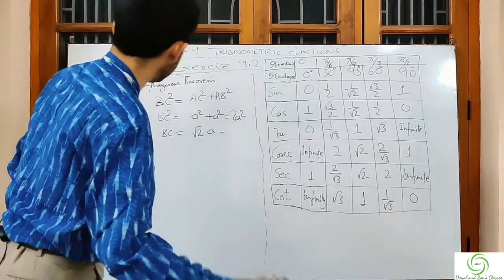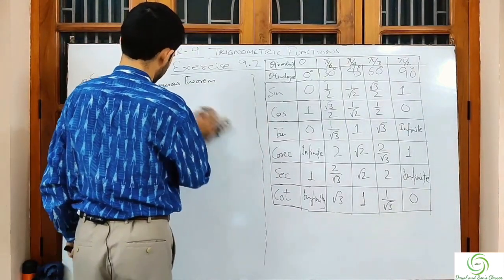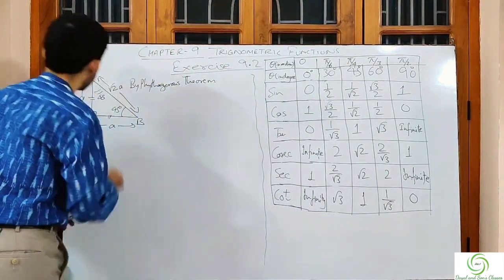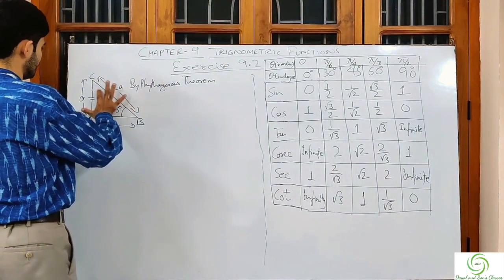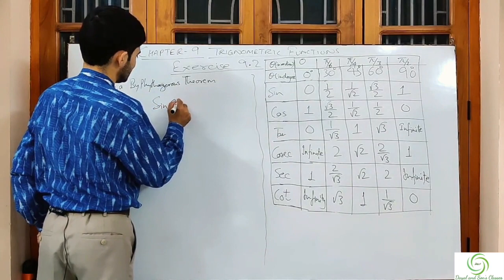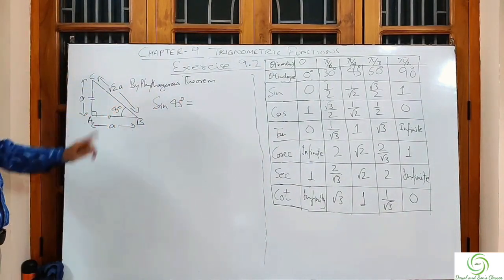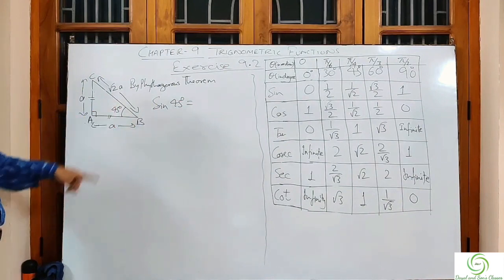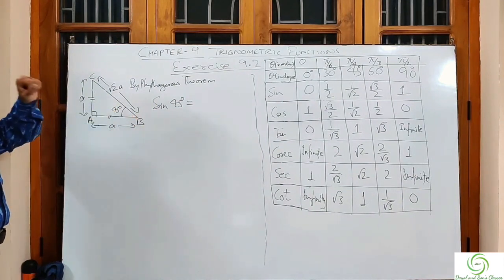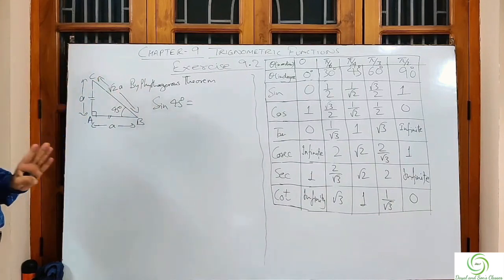Now let us find the value of sine. Now let us calculate sine 45 degree. Sine 45 degree, that is angle B. Now this angle is B. For this angle, we know sine theta is equal to perpendicular upon hypotenuse, right?